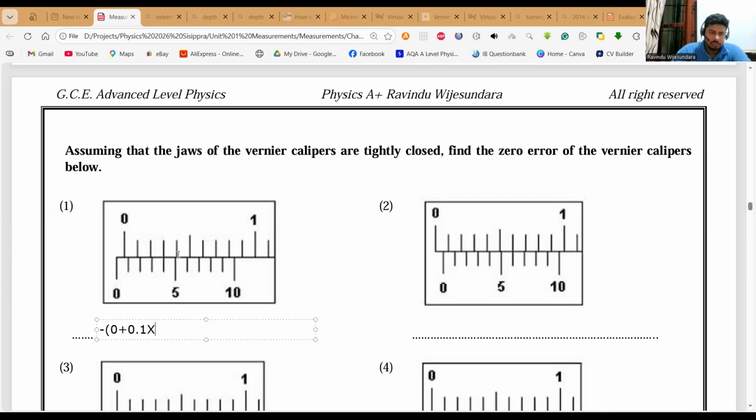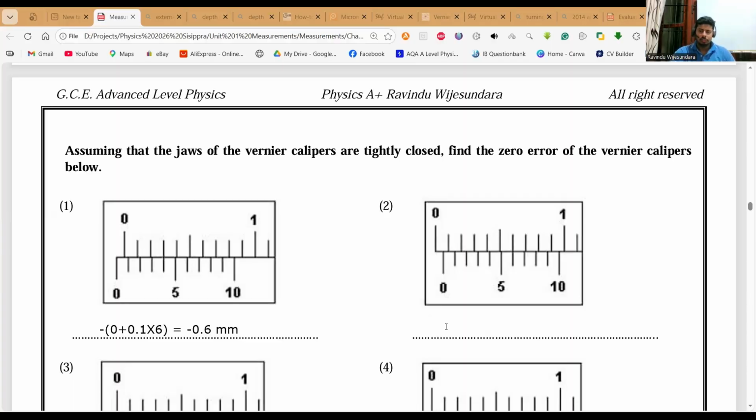Sixth one, right? So the sixth division is coinciding. If you count from the back side, the coinciding mark is the sixth one. Therefore, if you close the bracket and simplify, that is minus 0.6 millimeters. So the zero error is minus 0.6 millimeters. Right? Hope this is clear.